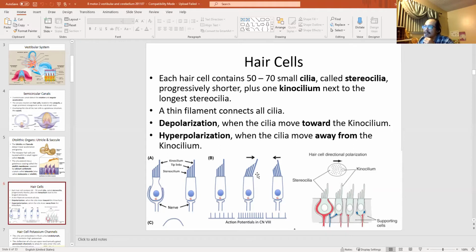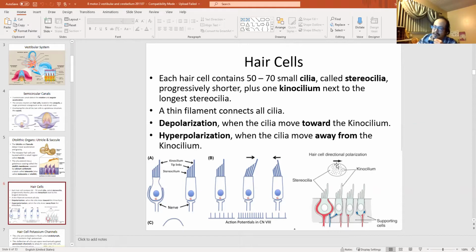And for each cell, we can also have this kinocilia on one side of that group of the cilia. These cilia include the kinocilia, that is the longest one, on one side. We also have the shorter ones, that's called the stereocilia, right here. So you can see that this group, if we see the two-dimensional image, we can see kinocilia on one side and linearly from tallest to the shortest.